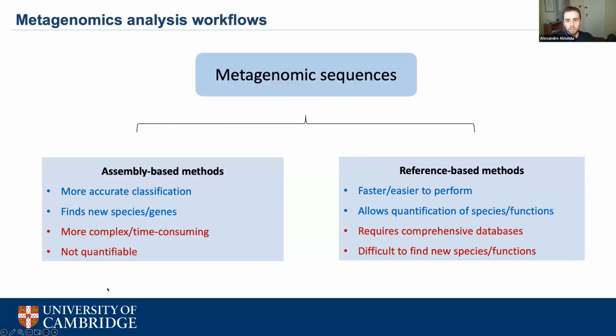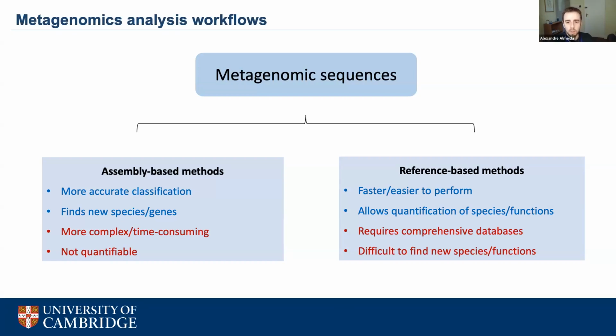Now, in terms of the methods that we can use to analyze this data, I'm going to divide them into two main categories: assembly-based methods and reference-based methods. Assembly-based methods rely on your ability to align and reconstruct longer sequences from these sequence reads.